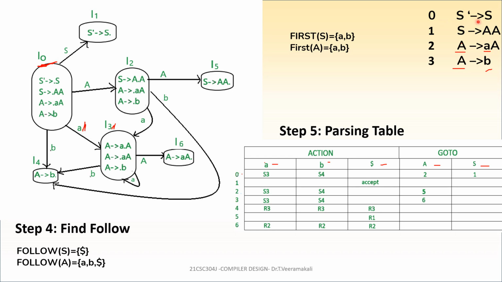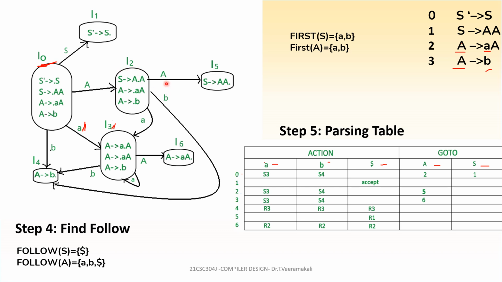So this is representing the follow of S'. So what is the follow of S'? Dollar symbol. So it must be accept. So 1 and dollar must be the accept. In all the production rules, mostly the 1 and dollar will be the accept. Okay, and next we need to go for the second.